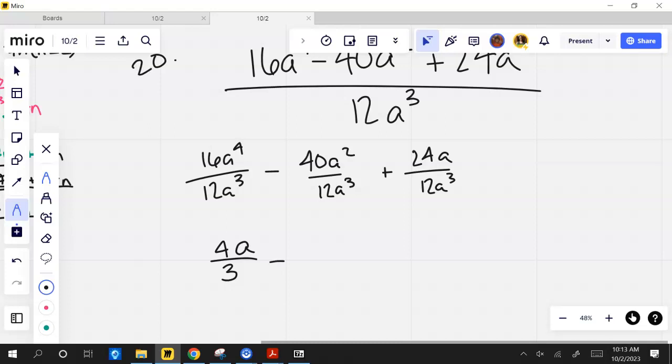Minus 40 over 12 simplifies to what? 10 over 3. And then what is 1a on the bottom? That would be 2 with 2 a's on the bottom.